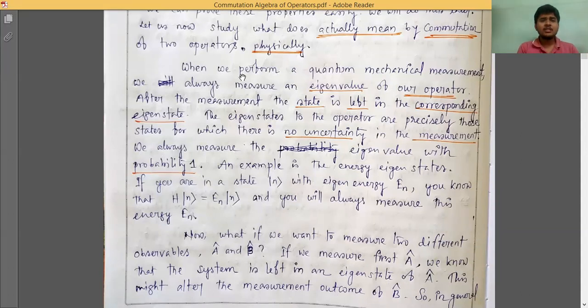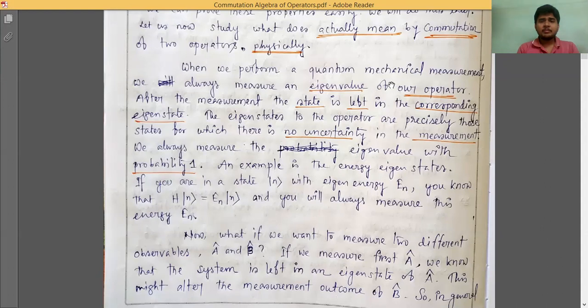So what is being said here? Let's take an example. As we already know how to solve equations in matrix algebra, we write A x equals lambda x, where A is the given operator, x is our given function, and lambda is the eigenvalue.